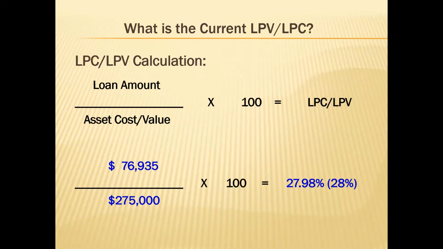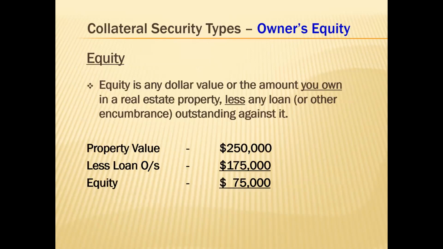Let's look at equity on that page. Using the same example, it says that equity is the dollar value of the amount you own in a real estate property, less any loan or other encumbrance outstanding against it. Now, what is an encumbrance?